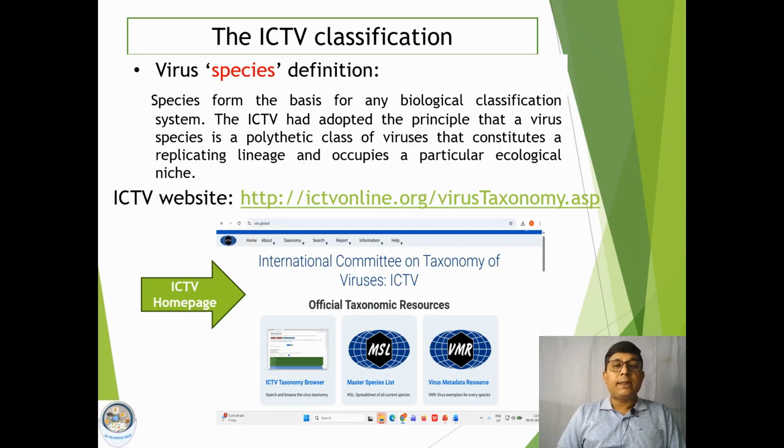So for viruses also it is the same, and the virus species is defined by ICTV as a polythetic class of virus that constitutes a replicating lineage and occupies a particular ecological niche. So this is the definition of a virus species as per ICTV.